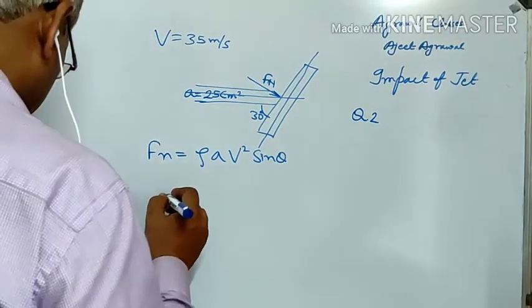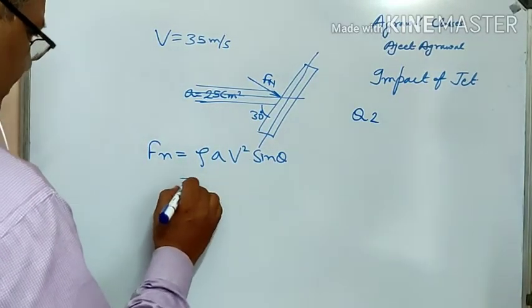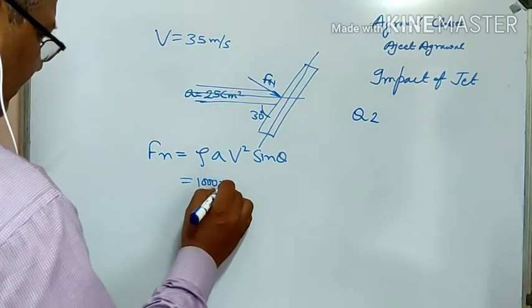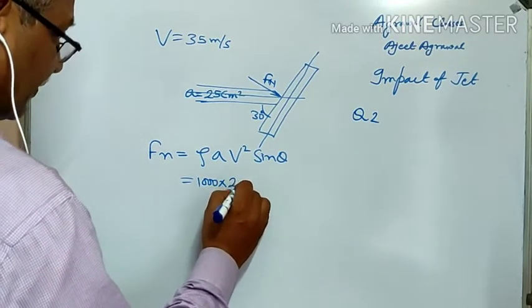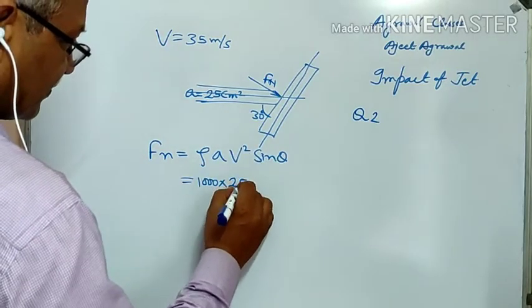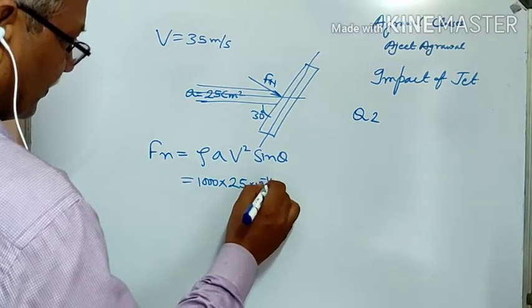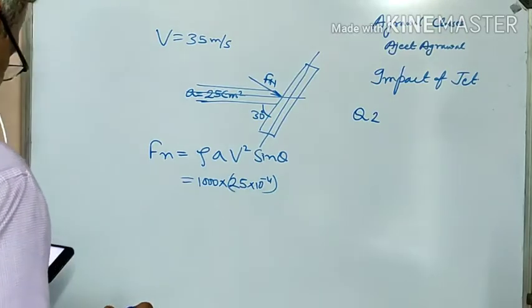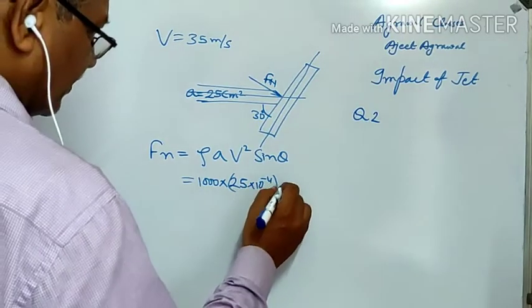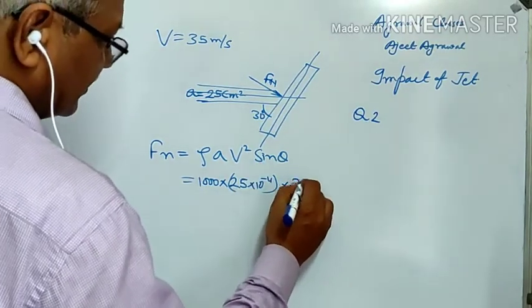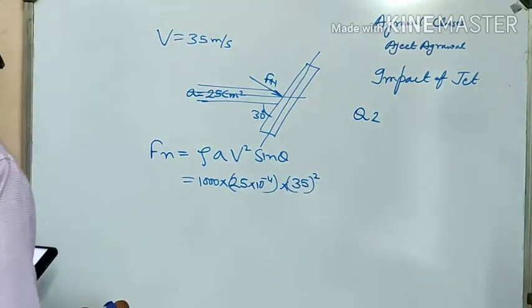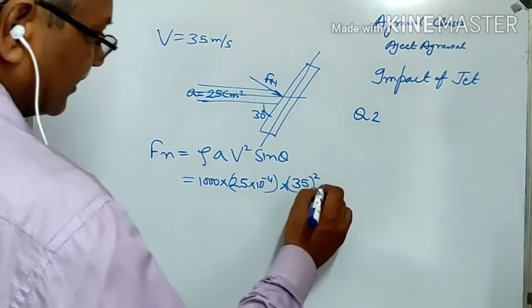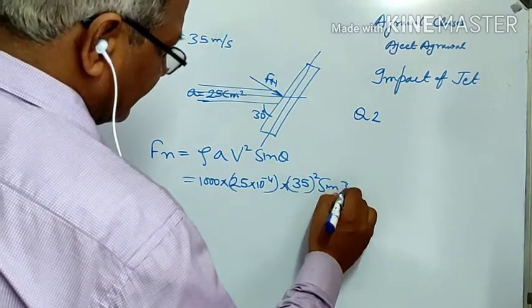If you substitute the values here, as it is water, so 1000 multiplied by 25 centimeter square, so it is 10 to the power minus 4, the area in meter square, multiplied by velocity 35 meter per second squared, and sine theta, that is sine 30.